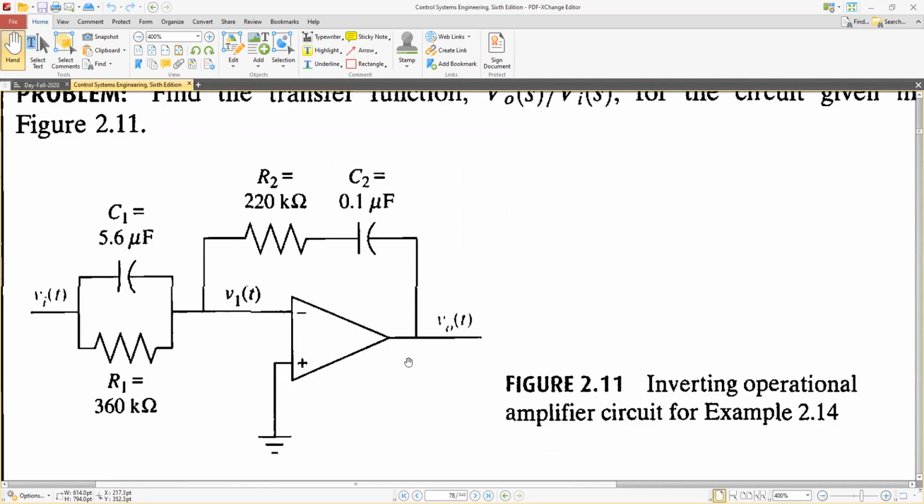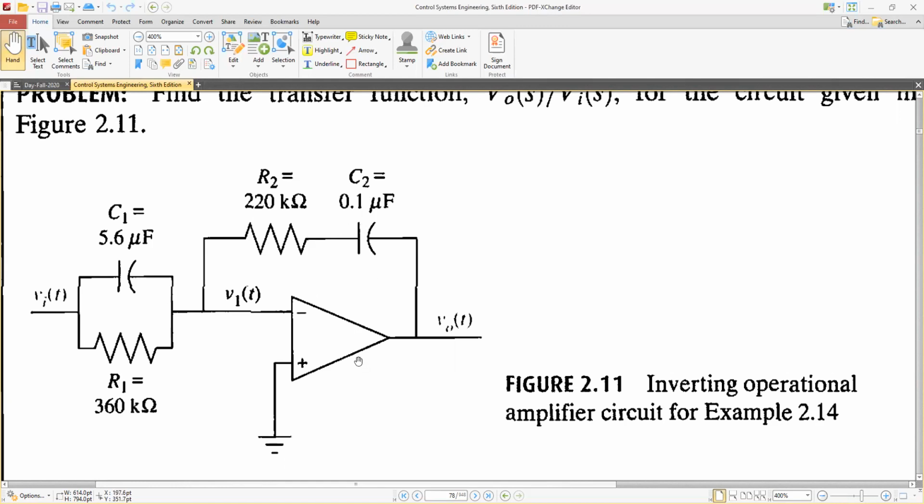So, an inverting operational amplifier circuit, for example 2.14. If you look at the figure, C1 is equal to 5.6 microfarad and R1 is equal to 360 kilo ohm, R2 is 220 kilo ohm, C2 is 2.1 microfarad.